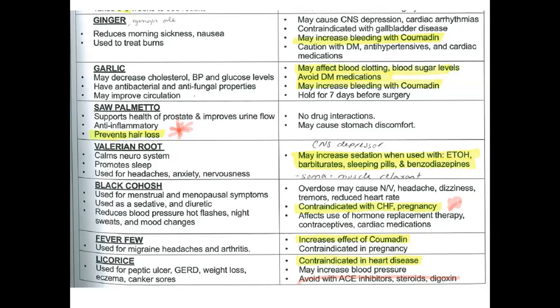The licorice is used for peptic ulcer or GERD. GERD stands for what? Gastroesophageal reflux disorder. It has signs and symptoms like the peptic ulcer, or we use licorice for duodenal ulcer, weight loss, eczema, or other sores.